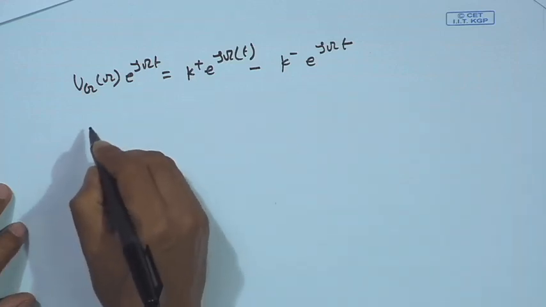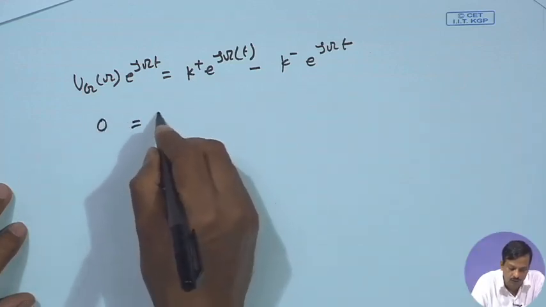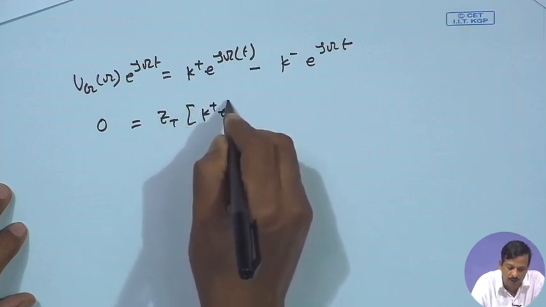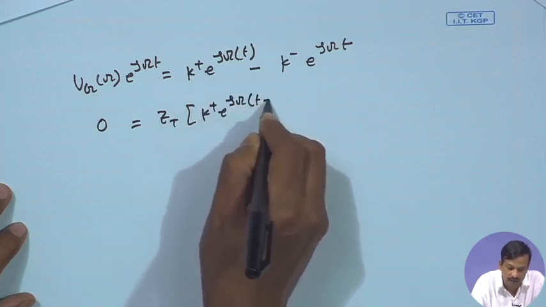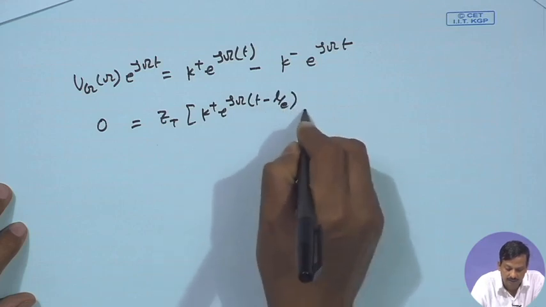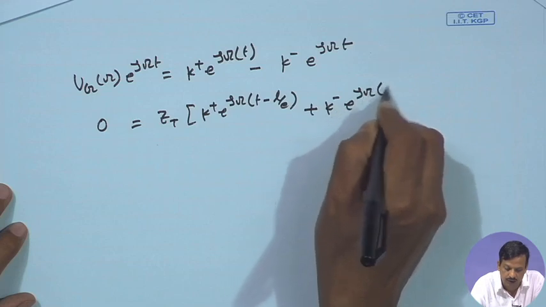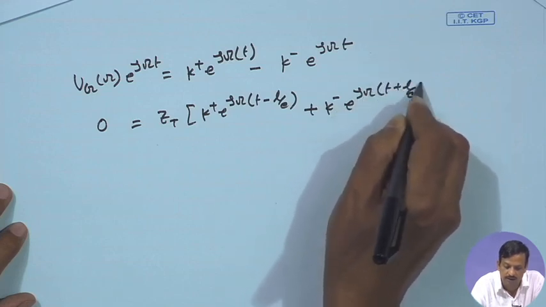And similarly, 0 is equal to z d into u, which is k plus e to the power j omega (t minus L by c) plus k minus e to the power j omega (t plus L by c).